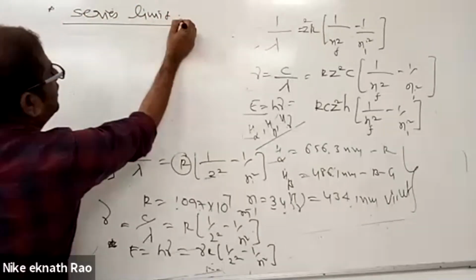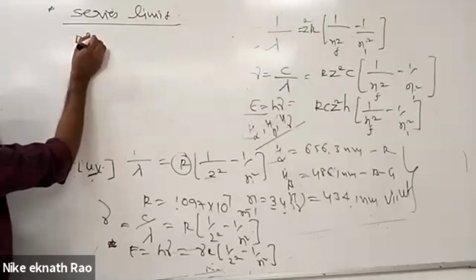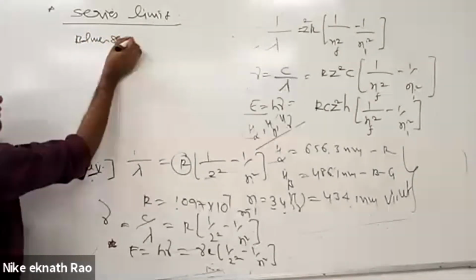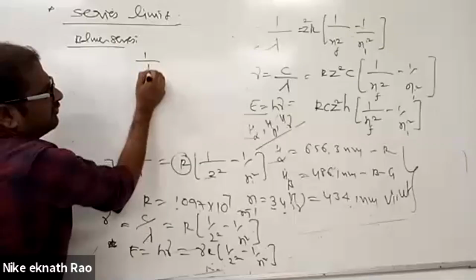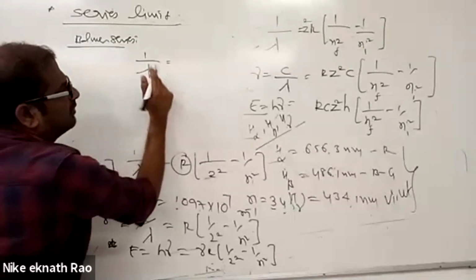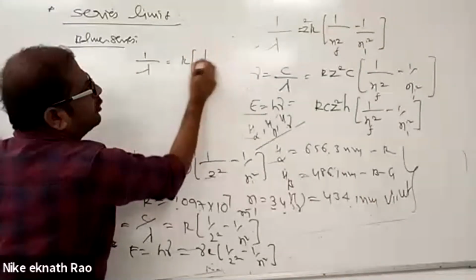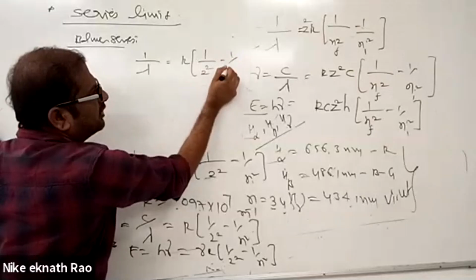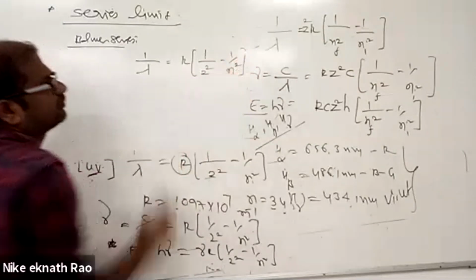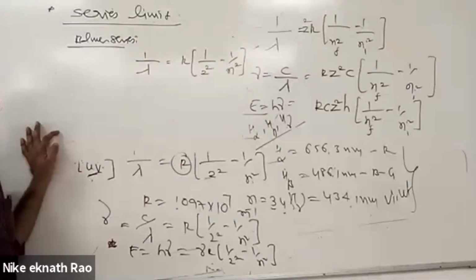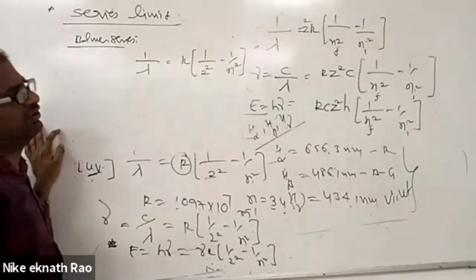If I say Balmer series, what is happening in the Balmer series? Radiation formula or spectral line formula: 1 by lambda equals R into 1 by 2 square minus 1 by n square. For minimum wavelength, what should happen? Think about it.